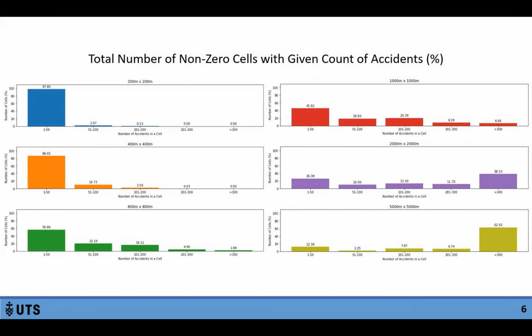However, as the size of the cell increases, we can logically see that the higher accident count cells start to outweigh the low accident count cells. Therefore, the 1 kilometer by 1 kilometer cells, represented as red, indicate the most balanced categories in terms of accident count in any given cell.